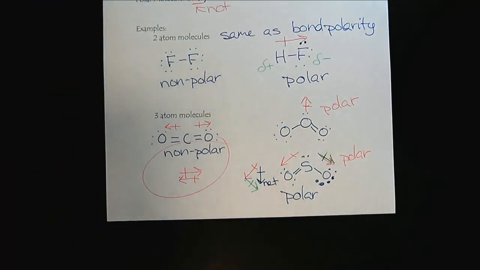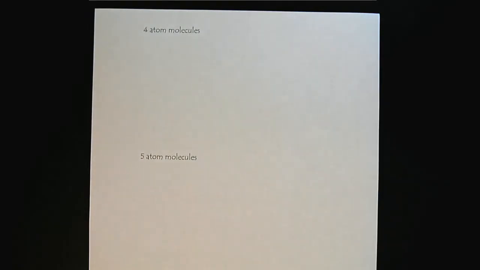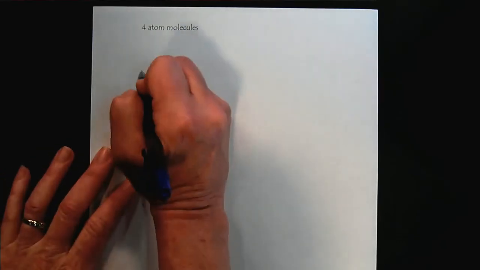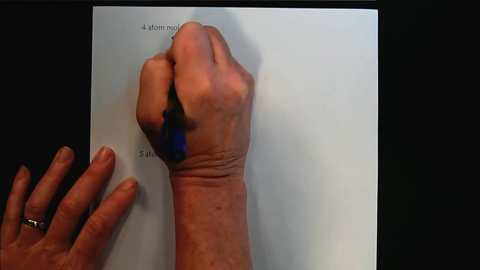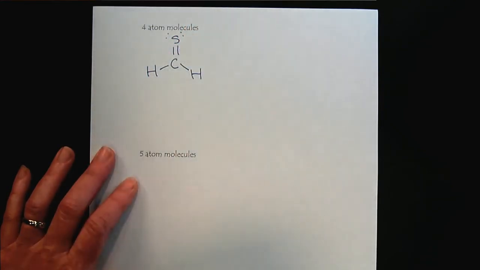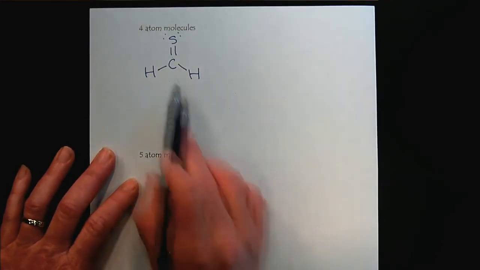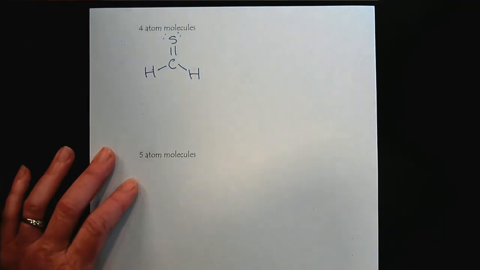Alrighty, let's keep building up to some bigger molecules. If we have four atoms in a molecule, for example here, if we had this compound, if we're looking at the carbon, remember that the carbons and the hydrogens share equally, so we don't have to worry about drawing in any dipole moment arrows here.